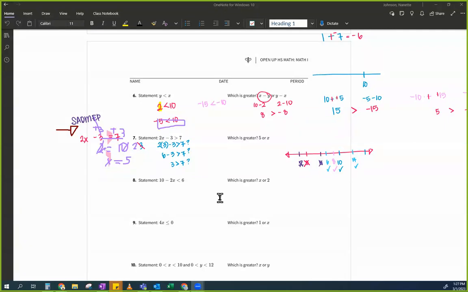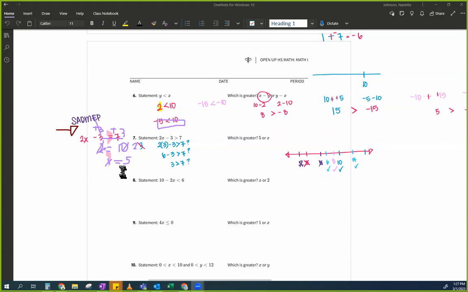So when we multiply, good, or divide, good, by a negative, right? What do we have to do? Flip our symbol.